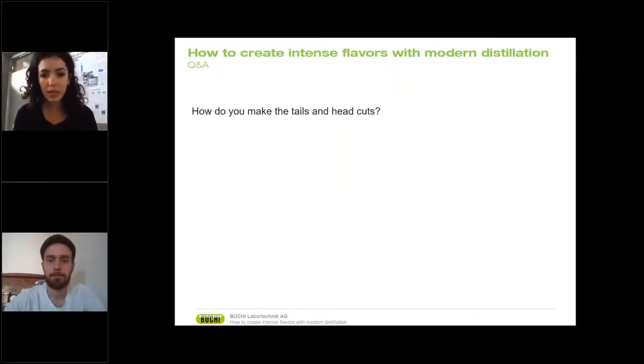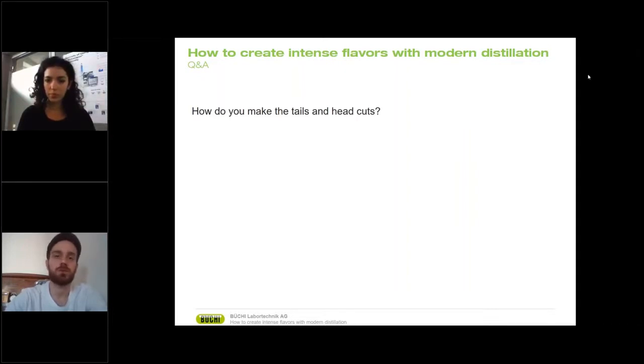How do you make the tails and head cuts? So basically, this will be another question where we could be talking for an hour. I'll try to make it as simple as possible. As you see in the slides we were talking about before, we never actually distill starting from a fermented mash.